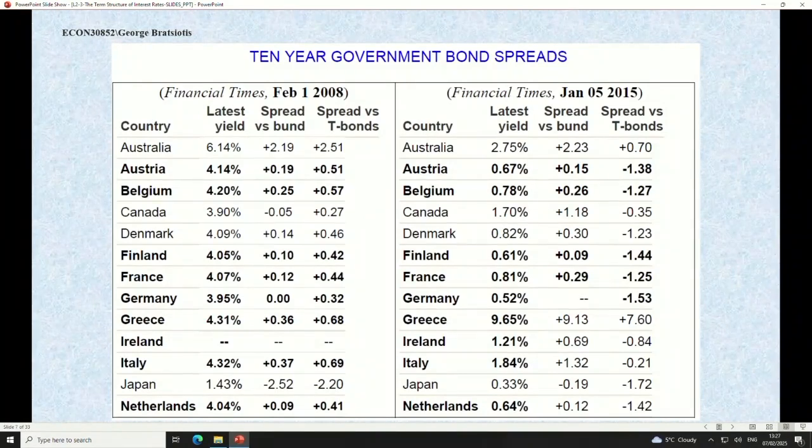And you can see against the Bundesbond, for example, which is the German. So this is the benchmark here, that's why it's 0 here, the spread. But against the Bund, the German bond, you can see that there's hardly any difference between all the Eurozone countries. Can you see that?